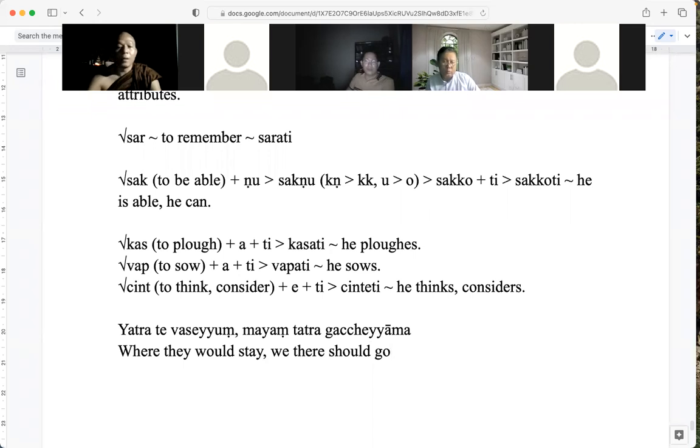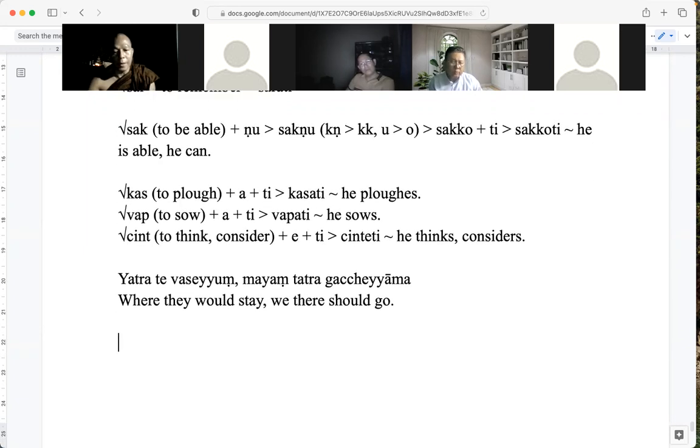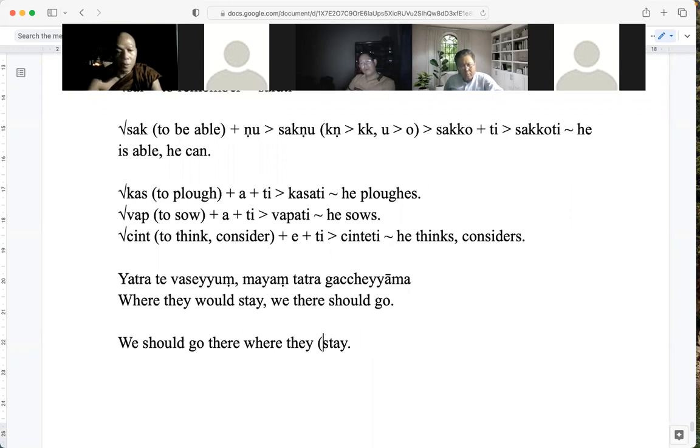Okay. That is what by what translation? But we need to change. So in English, what order? So we should go there. So actually where they stay. So now, when you translate into English like that, the sense of the word is lost in English.